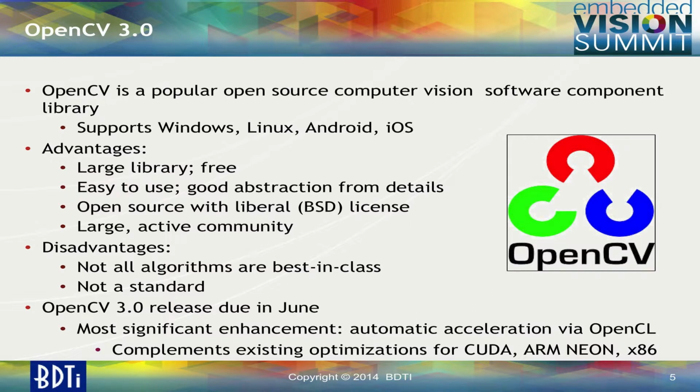And I'm going to talk about OpenCL in a minute, so I won't get into too much detail on it here, but what I'll say is OpenCL is a parallel processing language that's being supported on more and more parallel processing architectures. And what the OpenCL capability of OpenCV enables is that when OpenCV is run on a target processor that supports OpenCL, it can automatically use OpenCL to run faster and use that parallel processing capability.